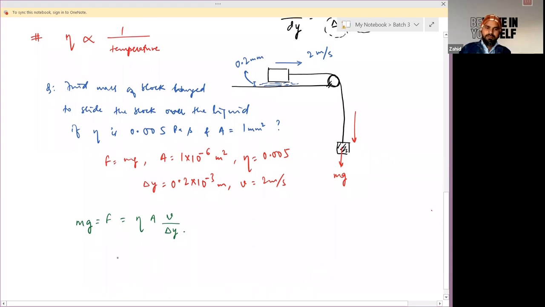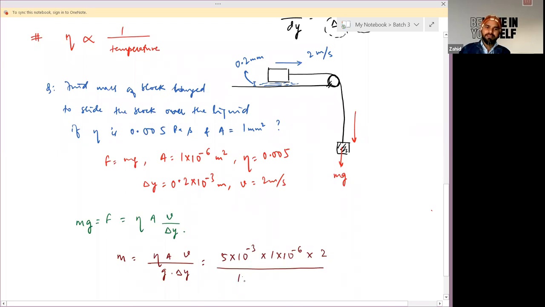Since we have to calculate mass, it will be eta A v by g times delta y. Eta is 0.005, so we can write it as 5 into 10 to the power minus 3. Area is 1 into 10 to the power minus 6. Velocity is 2 meter per second.